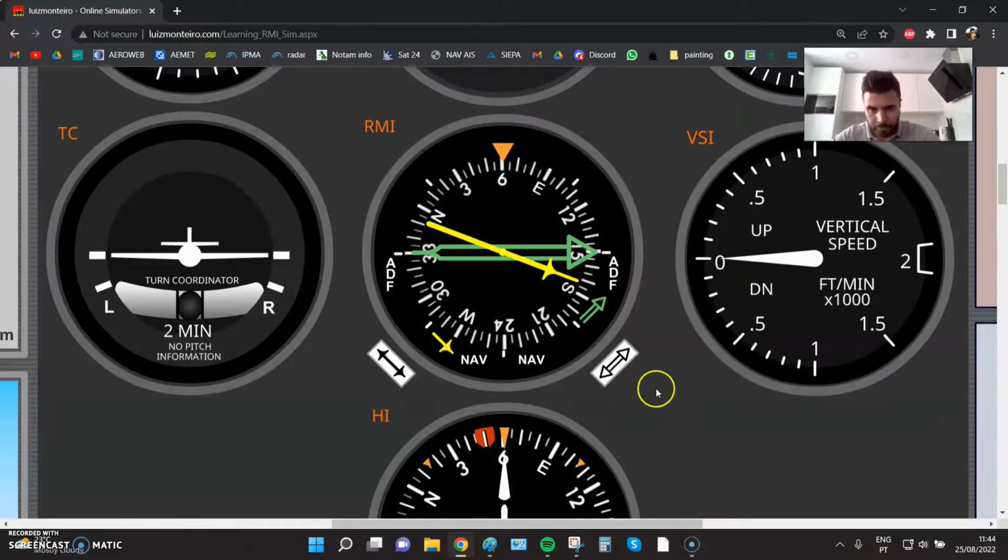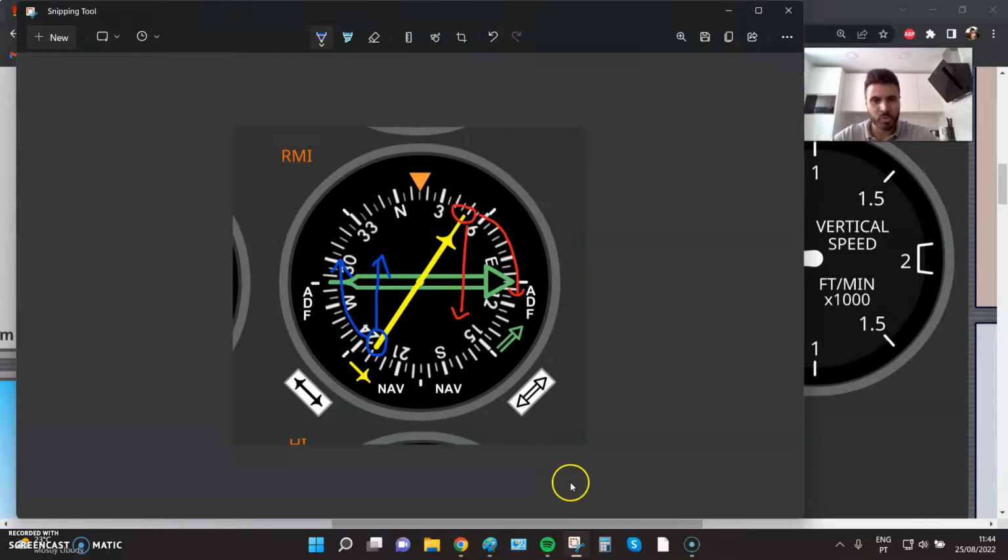Okay guys, now we have another way of seeing it, if you are not convinced with this one. We always say QDM, in Portuguese the M is from mentiroso, which means liar. So the QDM is a liar, and the butt of the needle is like our butt. Why?